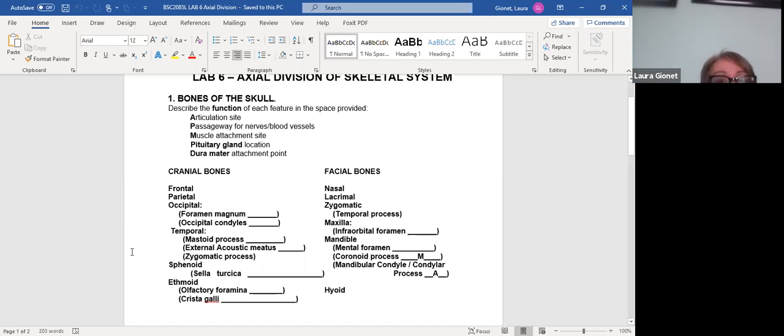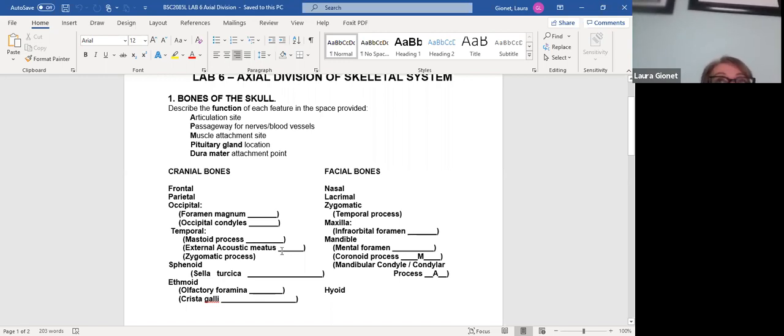All right, then we have the temporal bone, which is essentially, put your thumb in your ear and turn your fingers around in a circle there, and that's really the location of the temporal bone. Let's start with the external acoustic meatus, or the external auditory meatus, really. That is your ear hole, right?